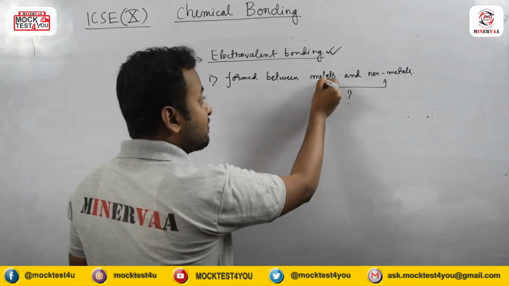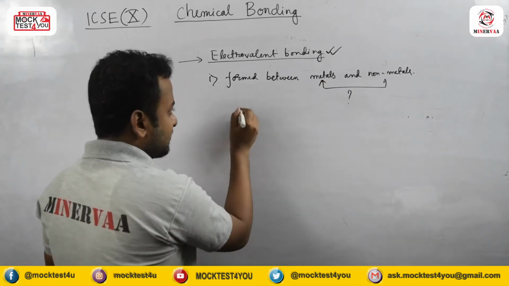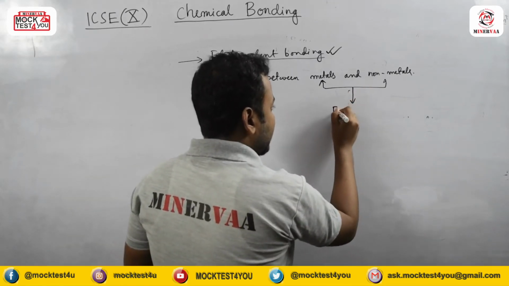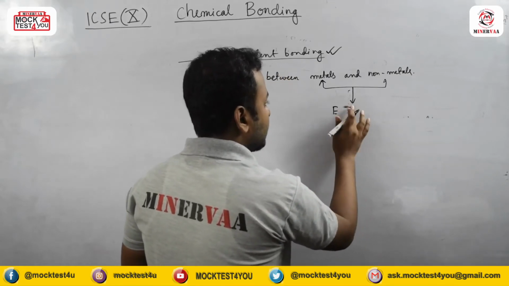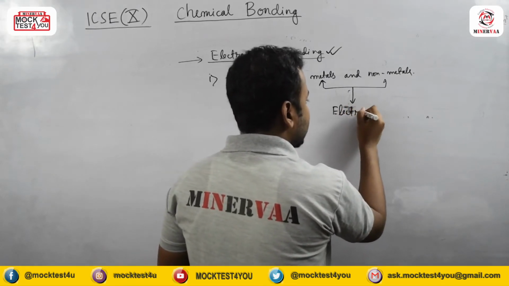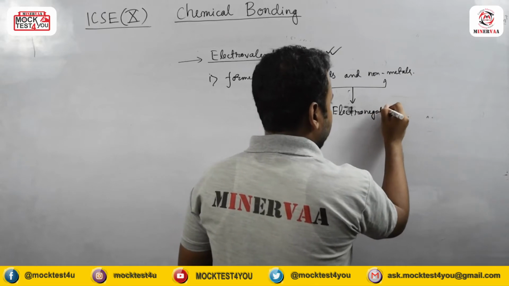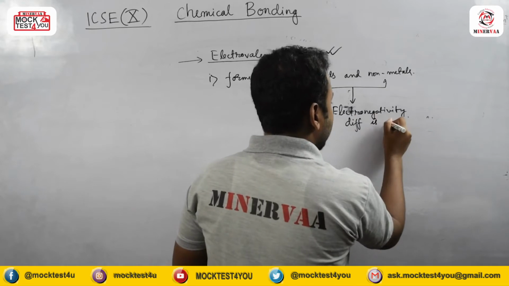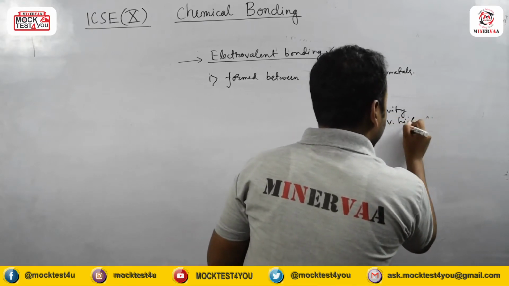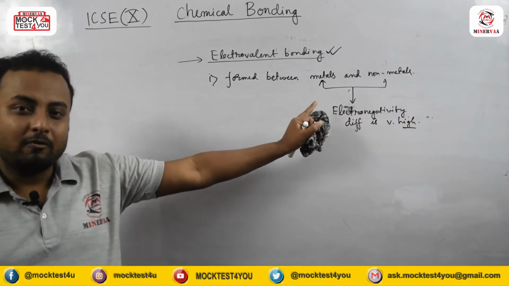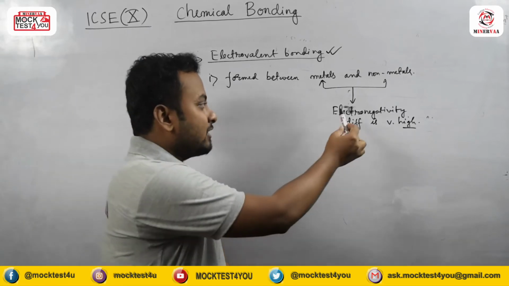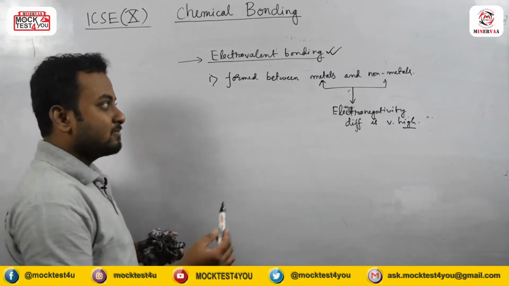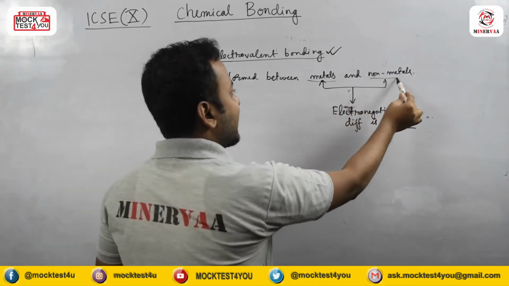Because between a metal and a non-metal, the electronegativity difference is very high. So the first need of electrovalent bonding is that the electronegativity difference between the two atoms should be very high, and that can only be possible when the bonding occurs between metals and non-metals.